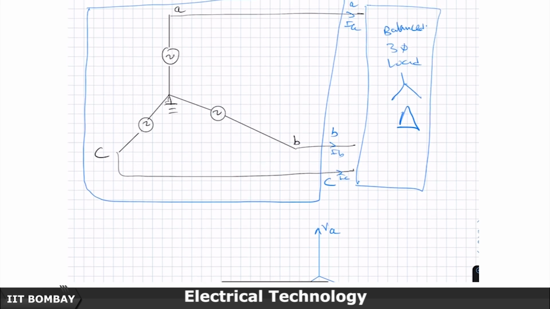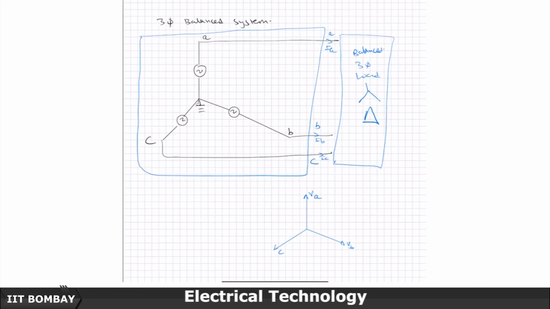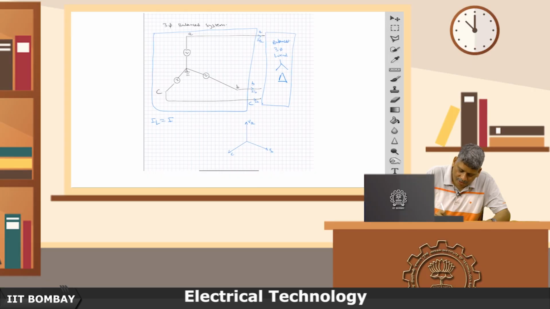In this case you can see that line current is equal to phase current. I am just showing it for A phase, but the current flowing in the line is exactly the current flowing through the phase.